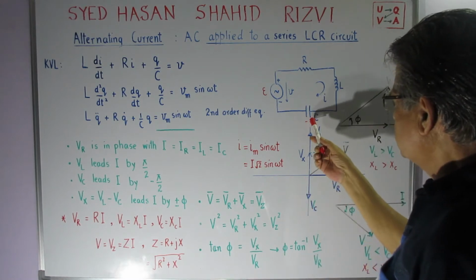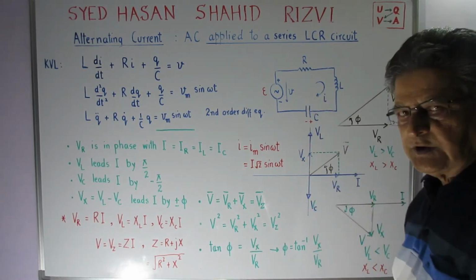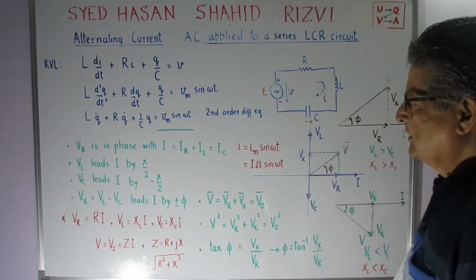This plate is positive from inside and this is negative when there is a value of I other than 0.